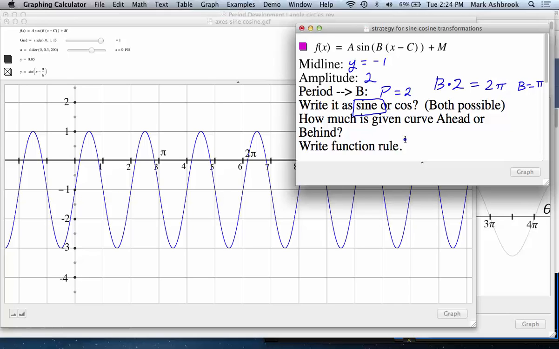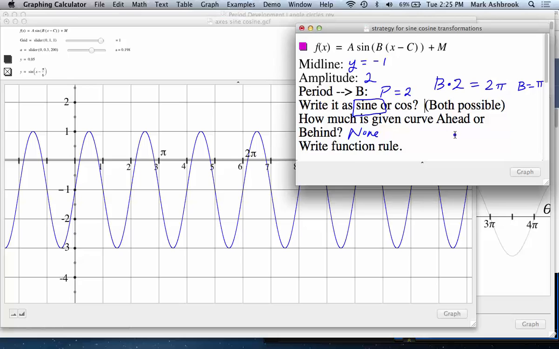No shift, right? If I were to start drawing sine, it would be right on top of our blue graph. Given that period of 2 and that amplitude of 2, it would be right on top. So if we choose sine, none. It is sine.